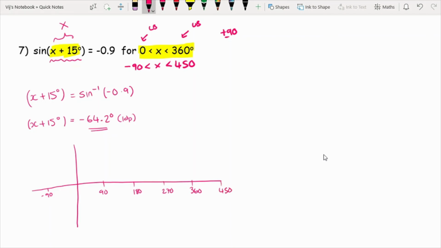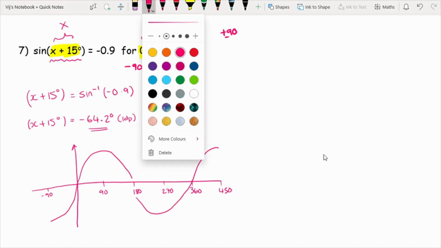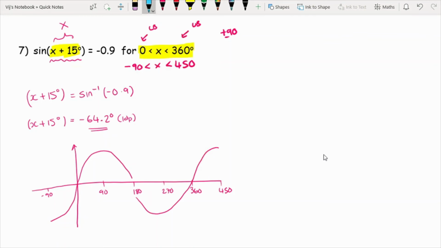And what I'm going to do now is draw my not so great graph, like so. So here I've got my graph of sine x, and I've got the range between minus 90 and 450, and what I'm going to do is choose a different colour. Let's go for light blue, and I'm going to draw a value where it's 0.9.